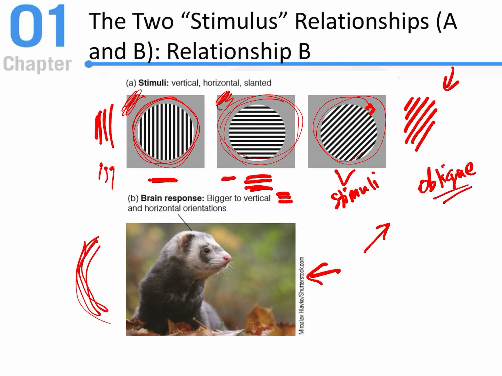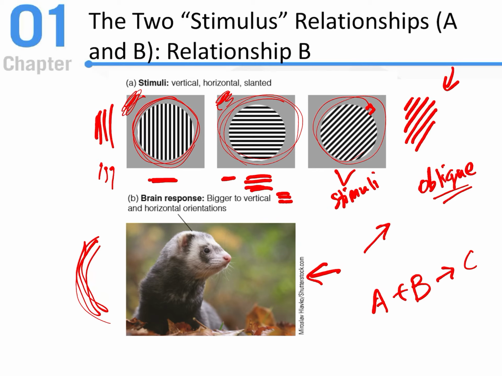So the idea is that you combine relationships A and B by inferring the relationship C, which is that we see the stimulus, we perceive the stimulus, and the brain, the physiological response, is also perceiving it, okay?